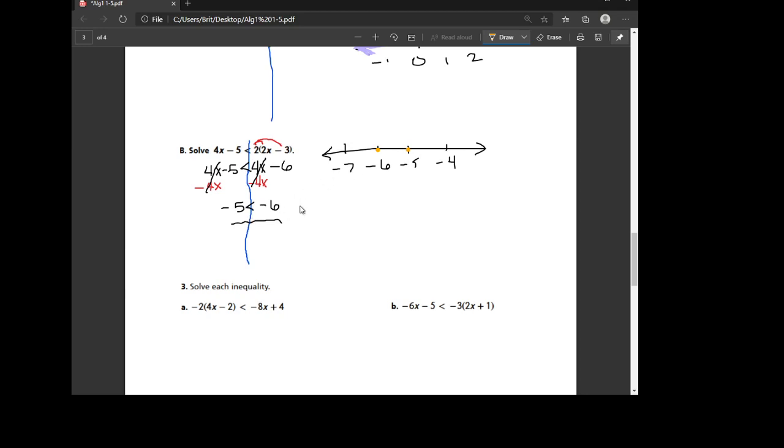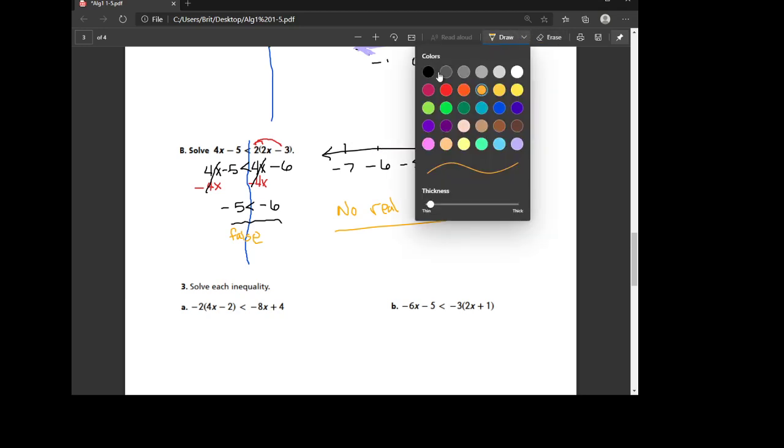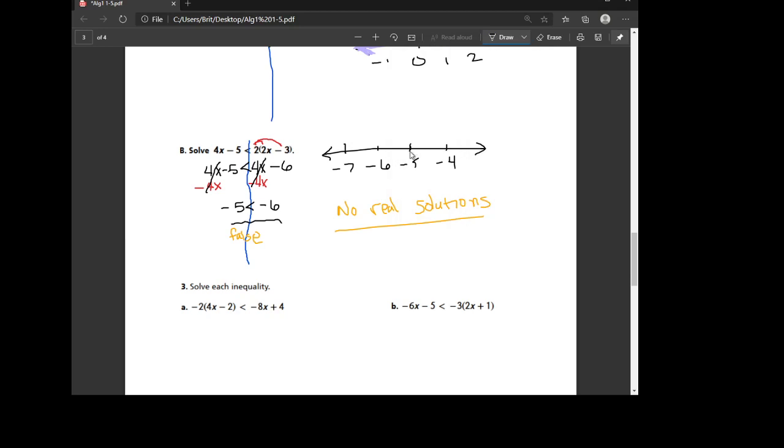So this isn't true, this is false. So that means there are no real solutions. In terms of the graph, we don't put any points or any shading on the number line. We just leave it as a blank number line, as you see there.